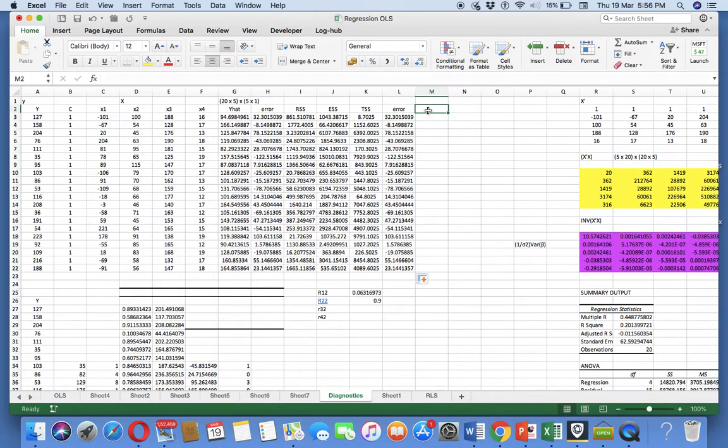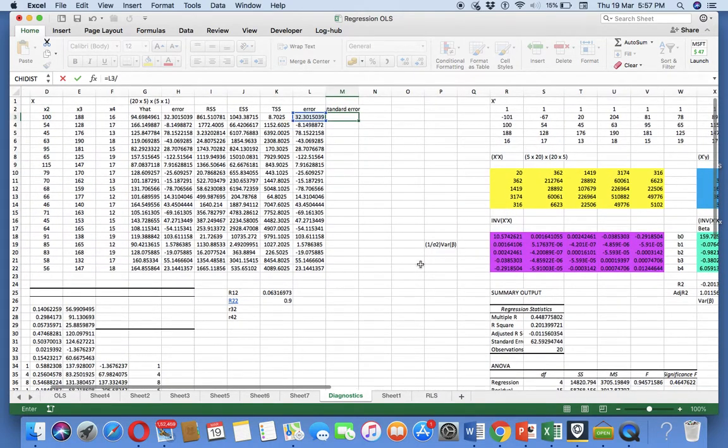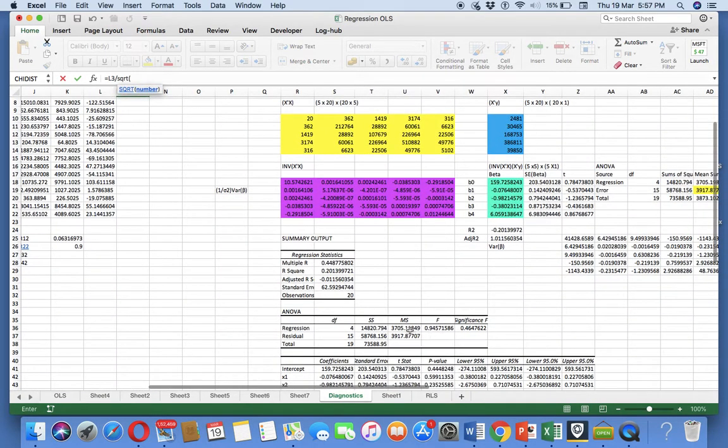Then you have something called the standard error. Now the standard error is calculated as error divided by the square root of the mean square error, sigma e. As I told you earlier, sigma e is the square root of this value, which is derived from the ANOVA under mean sums of squares due to residuals.